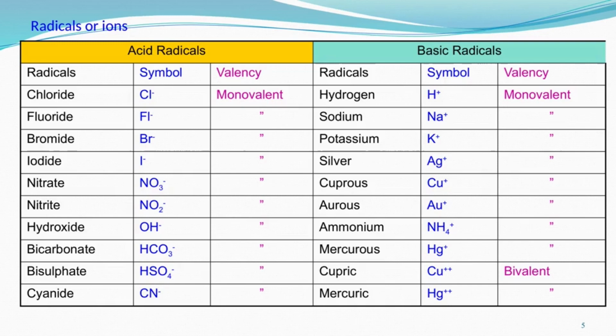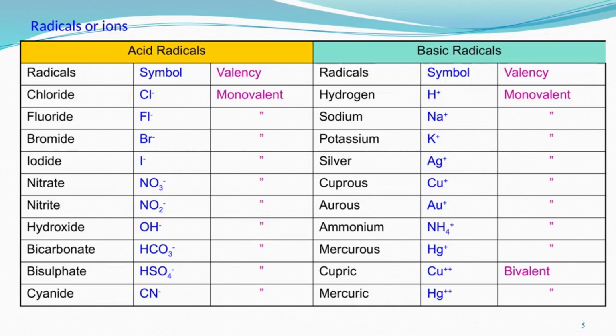Similarly cyanide, CN minus. Now about the basic radicals: hydrogen H plus ion. They are all positive radicals, meaning they show metallic character, and mostly they are metals like potassium K plus, silver Ag plus, cuprous Cu plus, aurous Au plus, and ammonium NH4 plus.